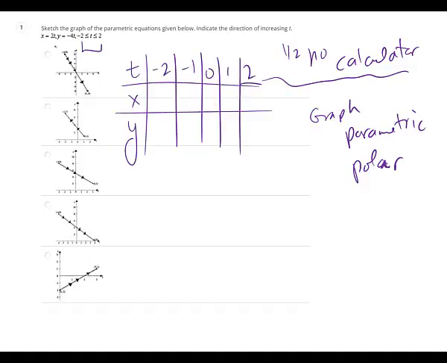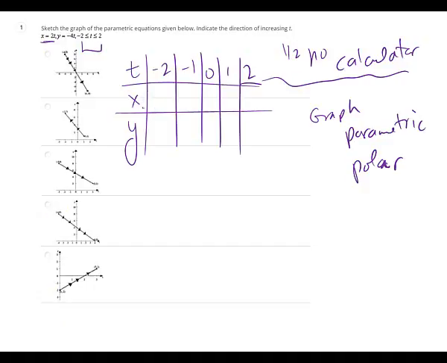Then I'm going to plug into this function right here, which looks like 2t. Is that right? Does it say 2t? I thought t was supposed to be time. Well, in this picture apparently it's not.